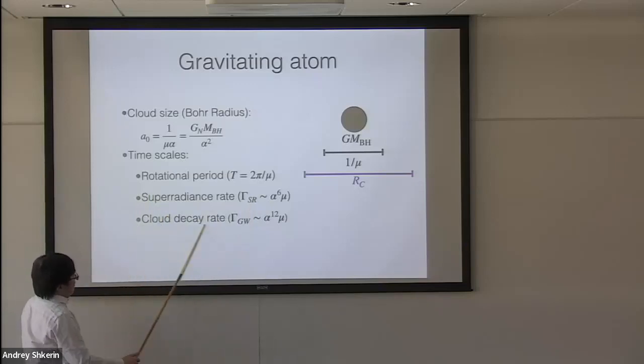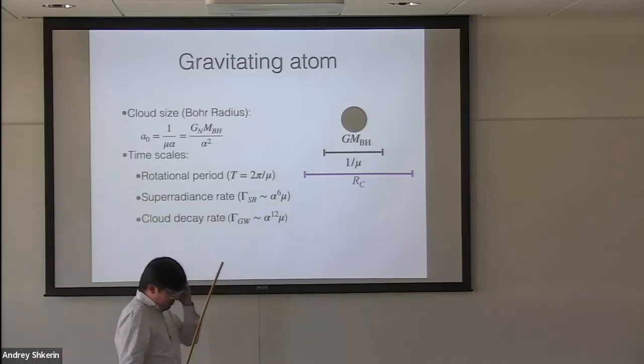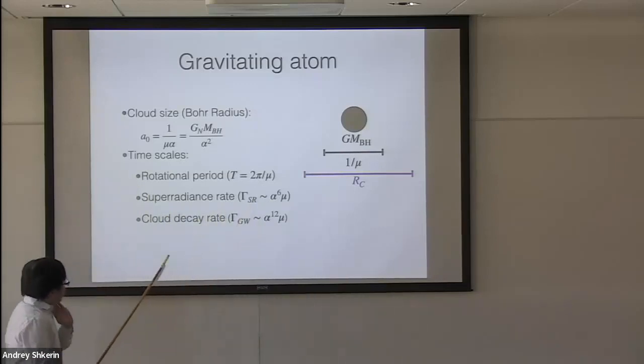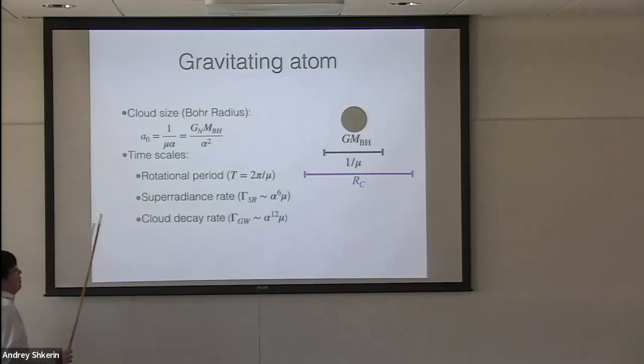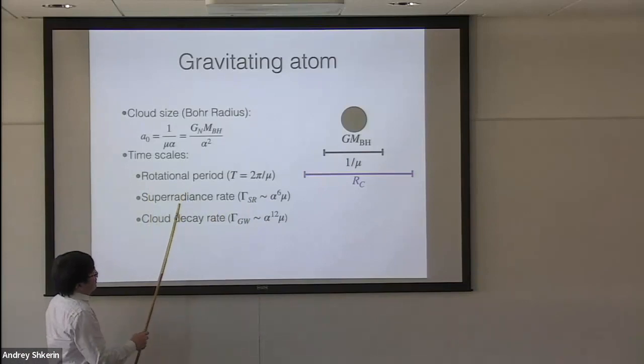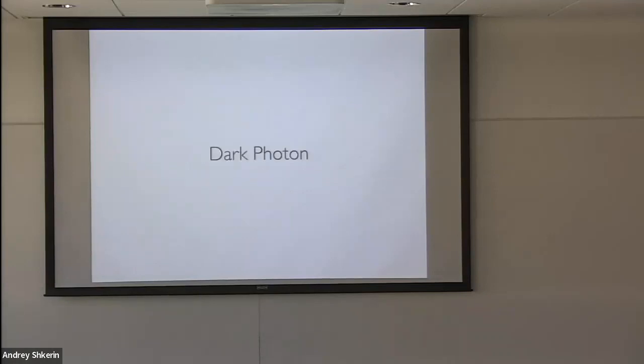And then there's also the cloud decay rate, and for all of the parameter space that we'll be discussing, the cloud decay rate is set by gravitational wave emission, which goes as alpha to the 12th power times mu. Here again, the exact number is not very important. The important thing is the relative size of these three rates. This is the fastest. The superradiance rate is slower, but not so slow, and the cloud decay rate usually takes years.